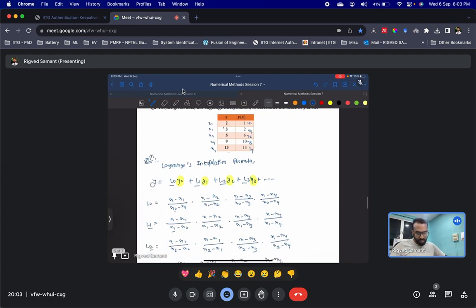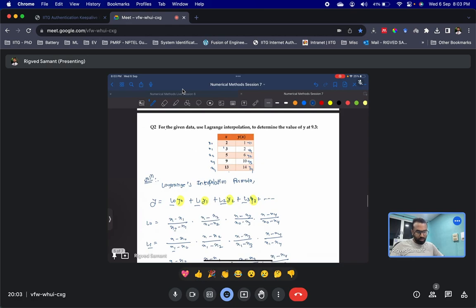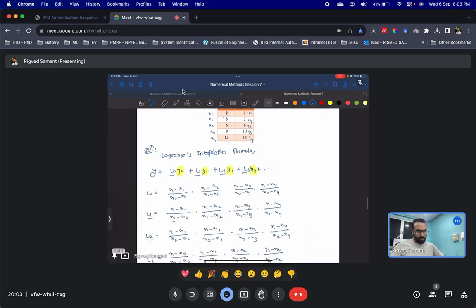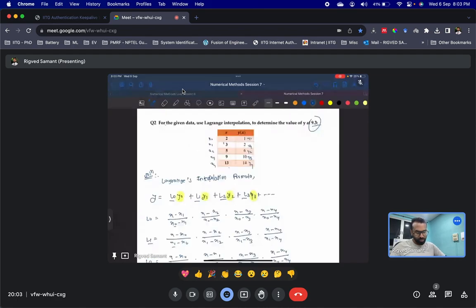So what is x? Your x would be 9.3, what you want to find out. So 9.3 is somewhere in between here. That is your x, and x0, x1 and so on are from the table, and from there you can calculate those values.